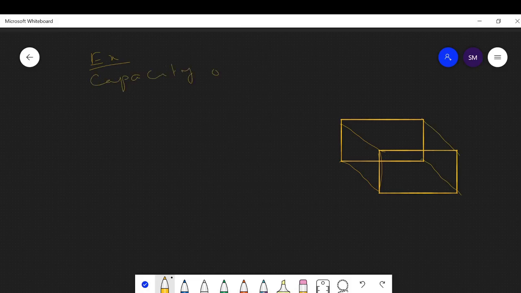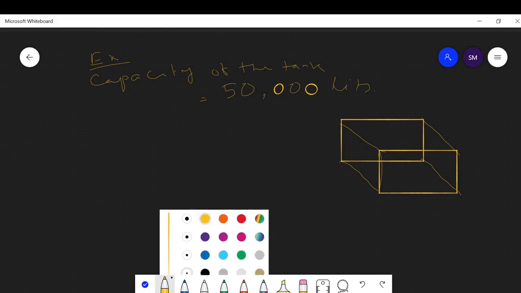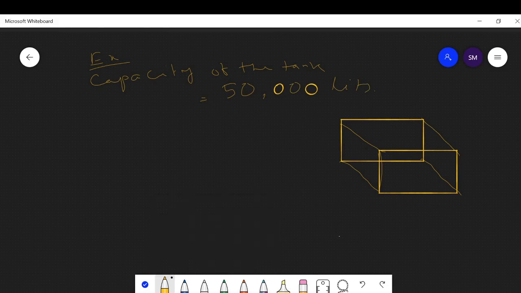Capacity of the tank is equal to 50,000 liters. Then we have to find its breadth.